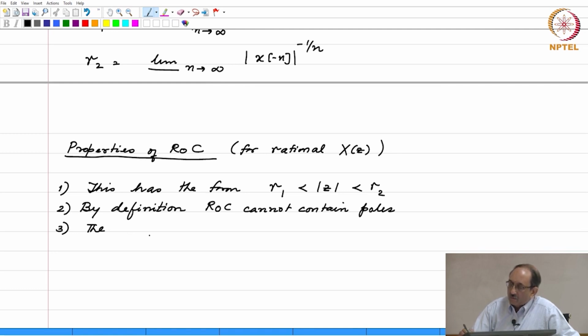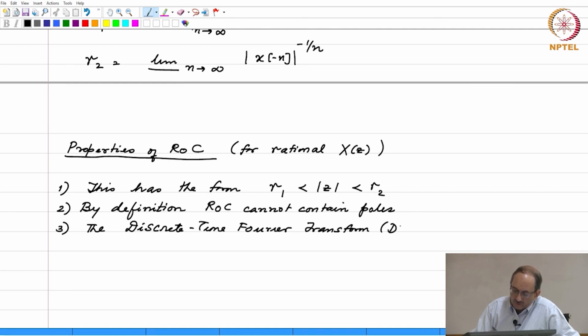We will later define what is called the discrete time Fourier transform, abbreviated as the DTFT, which is the counterpart to the CTFT, the continuous time Fourier transform.